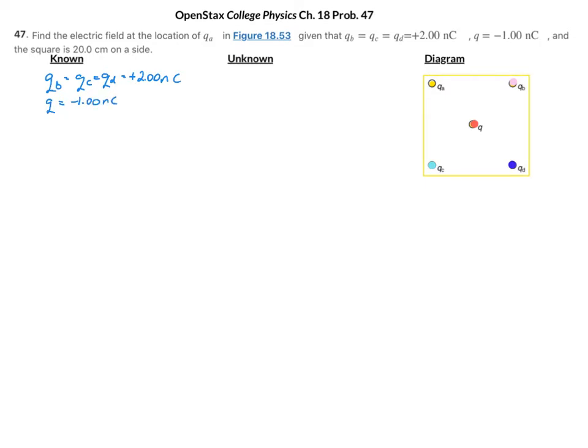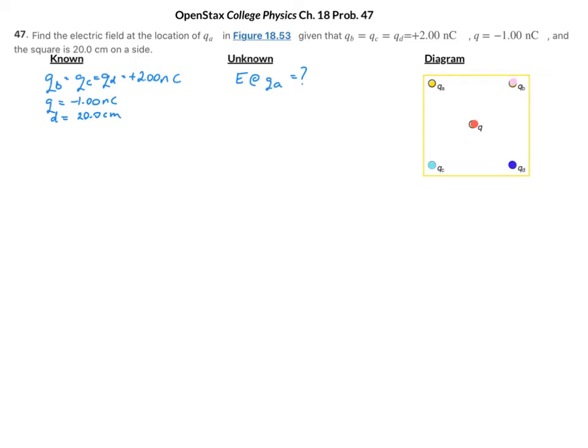We also know that the distance between the charges, the side of the square really, is 20.0 centimeters, and we're looking for the electric field at QA.